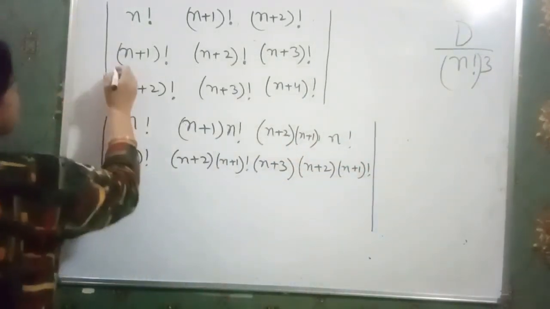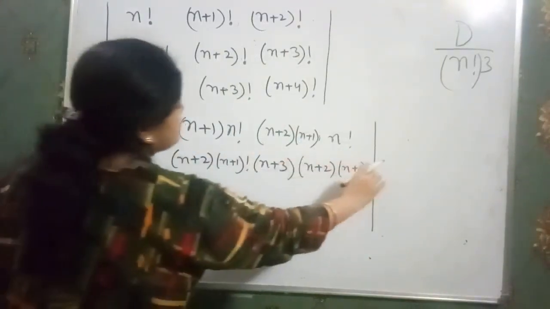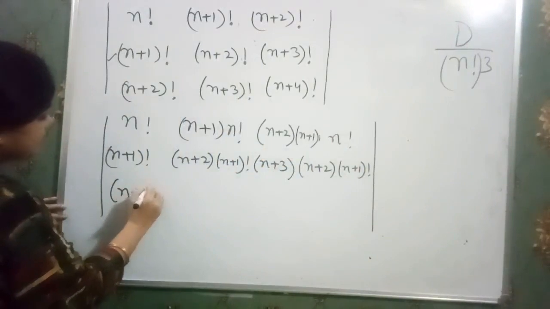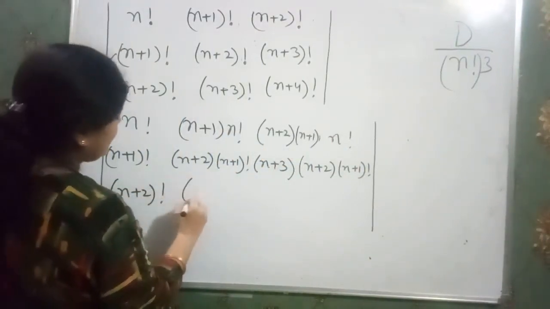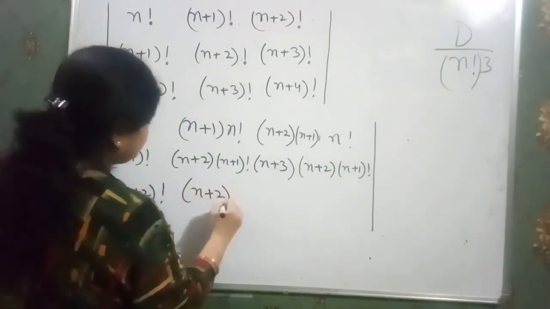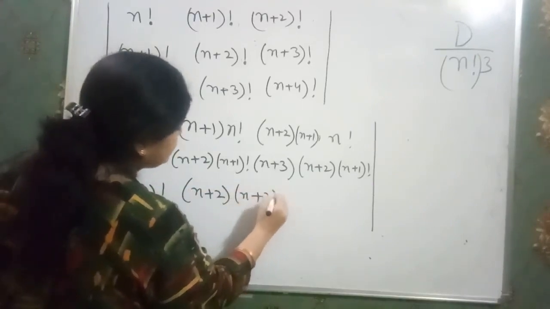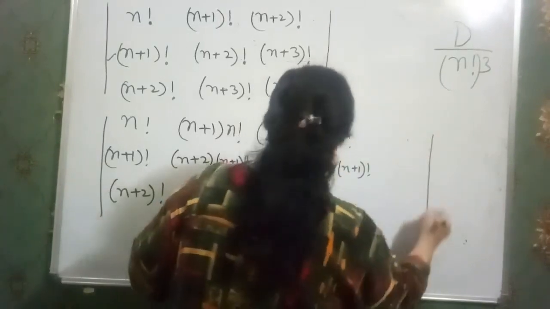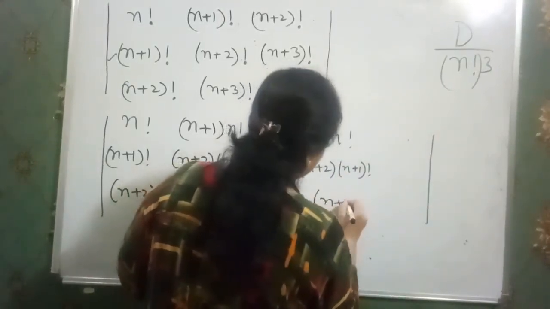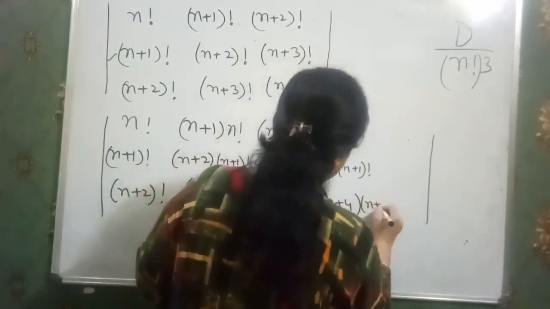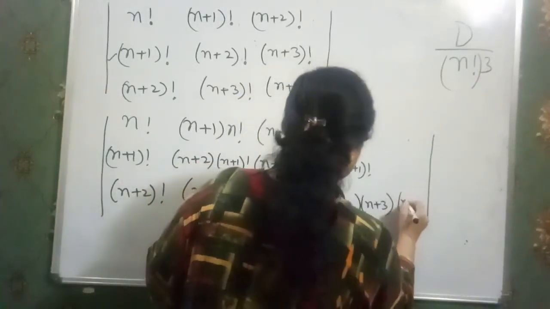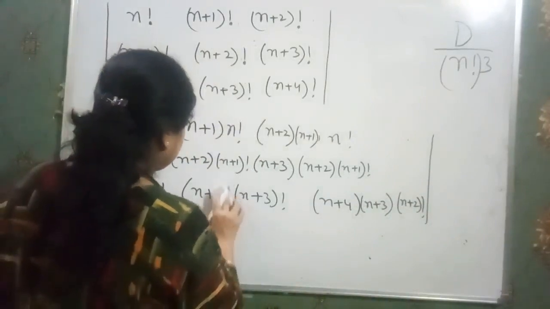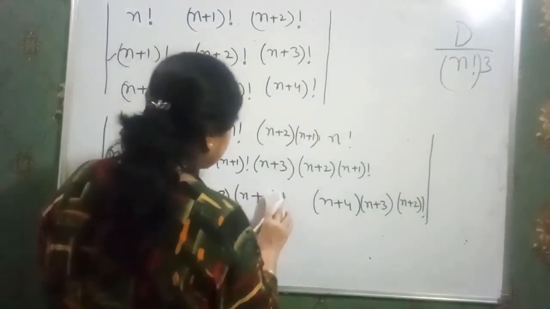Just make n plus 1 factorial in this line, n factorial in this line, and here I make n plus 2 factorial, n plus 2, n plus 3 factorial, and then n plus 4, n plus 3, n plus 2 factorial. Okay, so it is 3, it is 2.